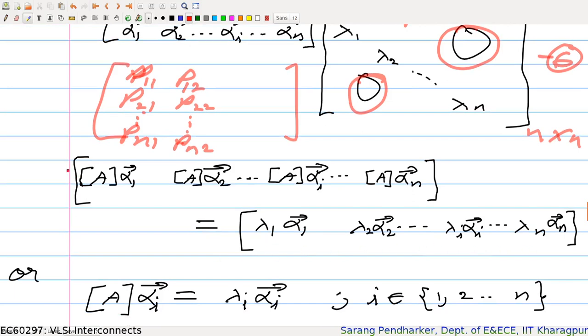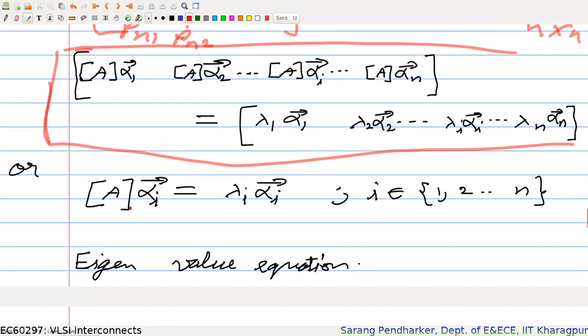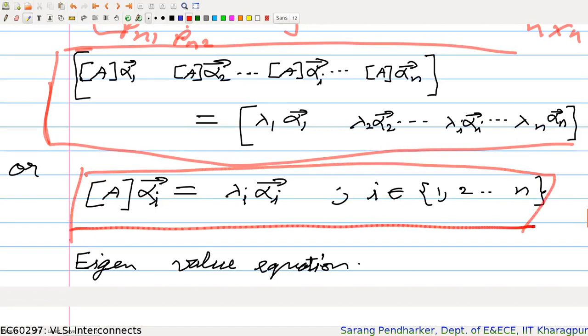You should validate and get comfortable with this notation. So I can write this in a more compact way as equation 7: A into alpha i is equal to lambda i into alpha i. What are alpha i's?